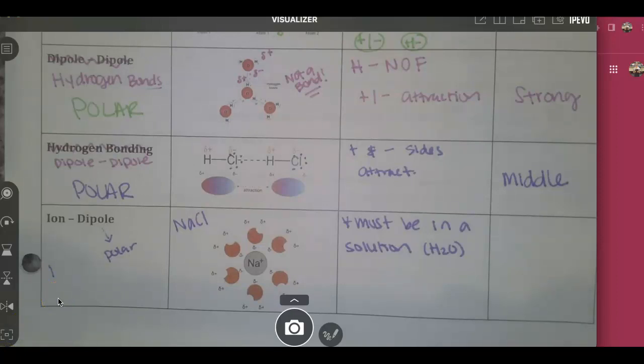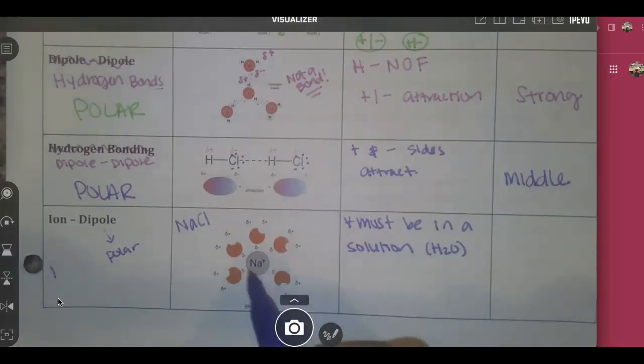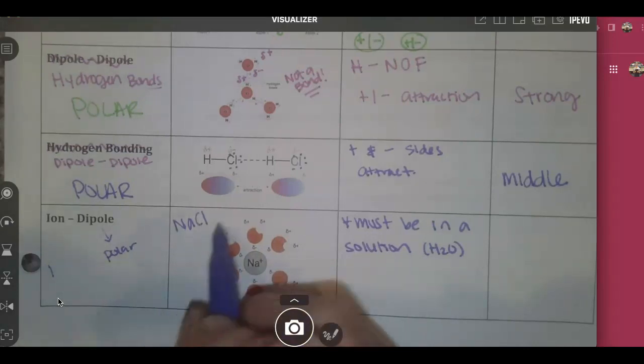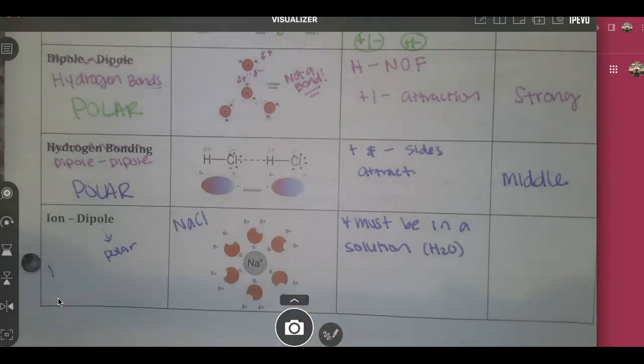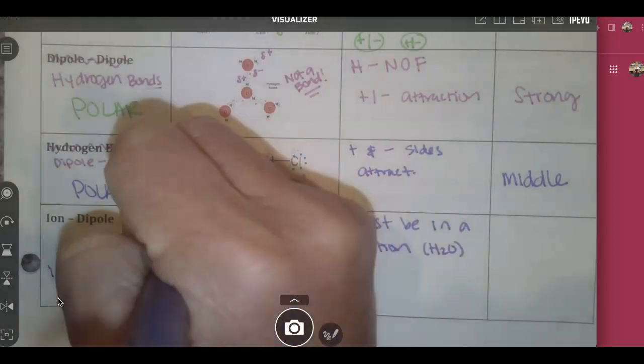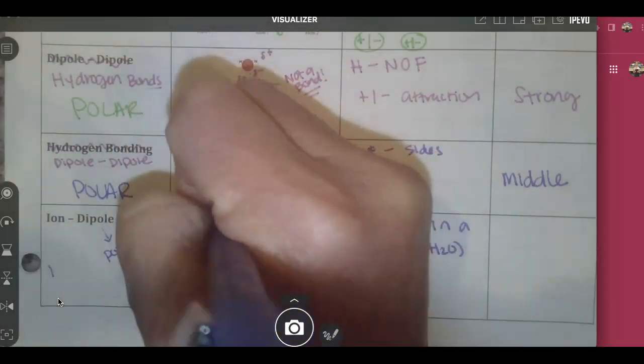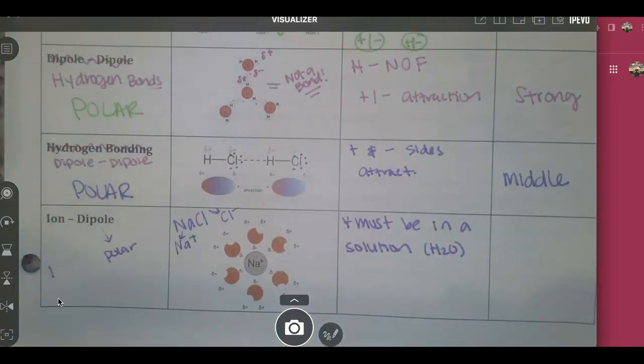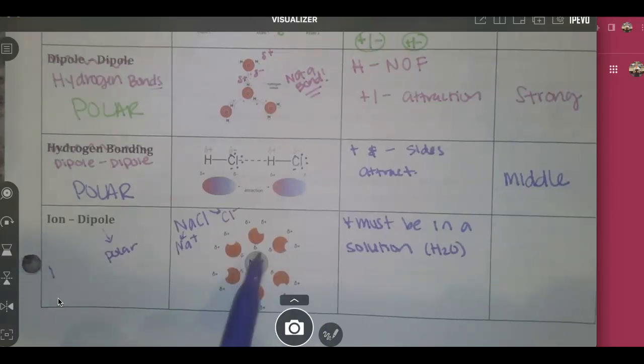Okay, so if we have NaCl here, NaCl is broken down, right? When we put NaCl into water, it dissolves or it dissociates and it turns into its Na plus and its Cl minus ions, right? So it's going to break down into these two things. And what's happening is the water molecules are surrounding these ions by being attracted.